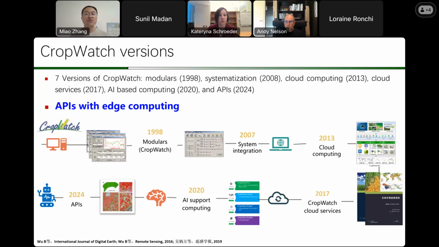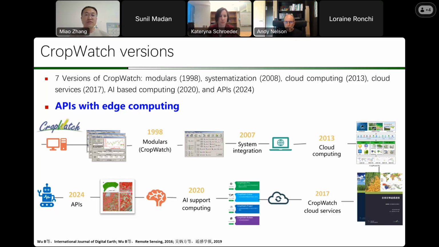And since 2017, we have provided cloud services for users like a colleague from Madagascar, from Ethiopia, and more than 20 other developing countries. With the cloud services we provide, they can access free and open crop-related information for their own country.